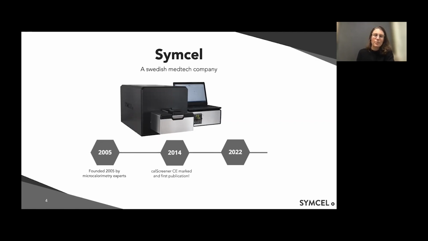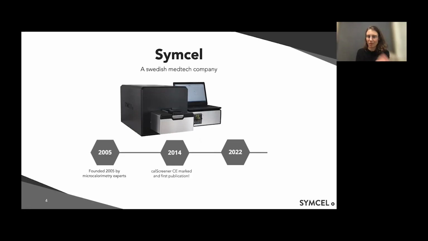In 2014, the calScreener was CE marked, and also the first publication came out. And that was also when the company shifted gears. It became involved in a Horizon 2020 project that was pretty successful on rapid antibiotic susceptibility testing, but also at the time, we broadened our customer base, and we could prove that we have a lot of other applications in biology where we can bring interesting results, ranging from biofilm, but also infection models, cancer, adipose tissue research, just to name a few.